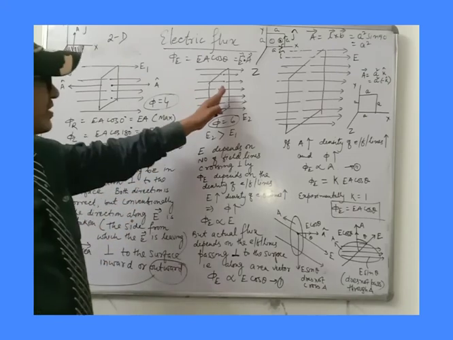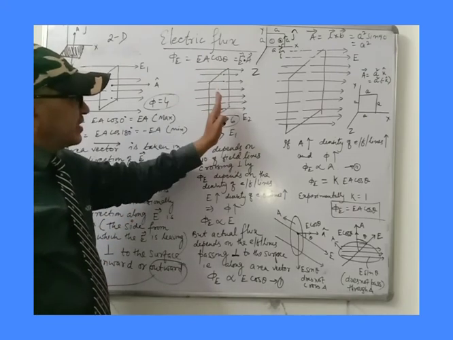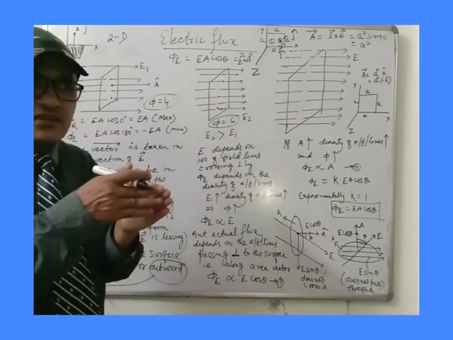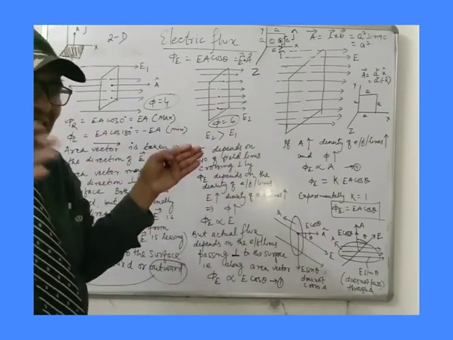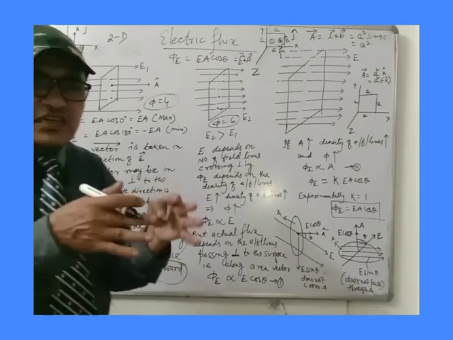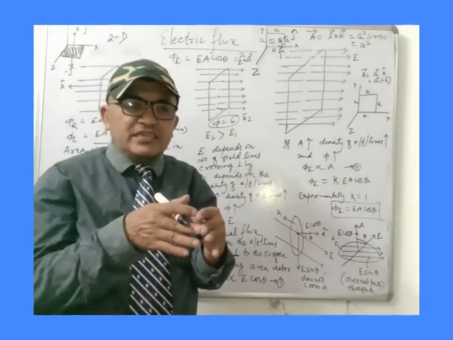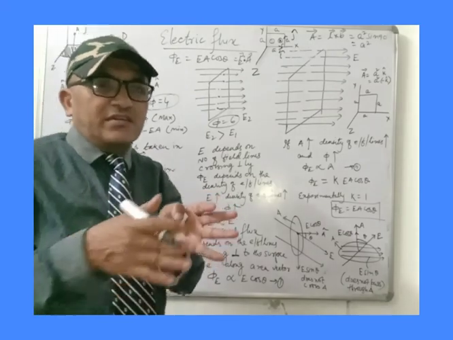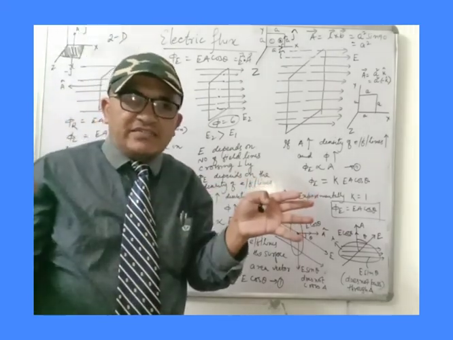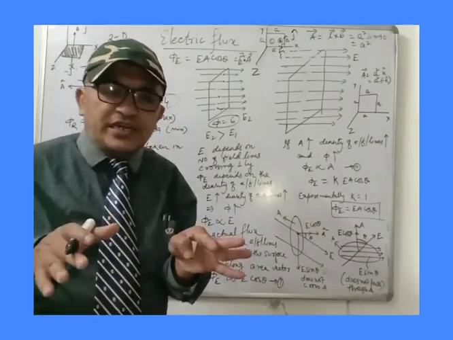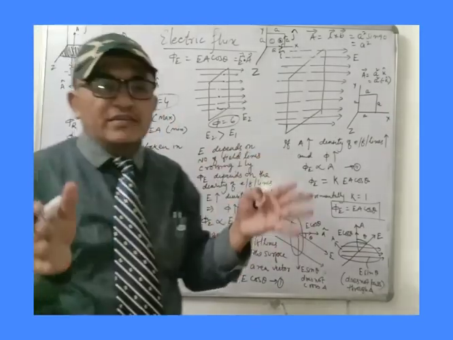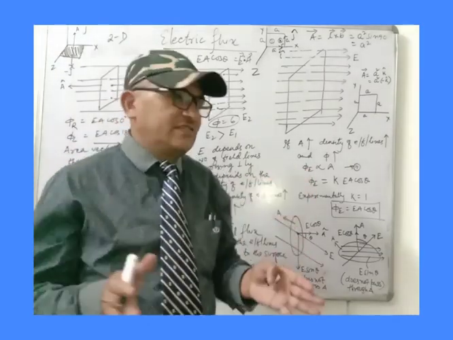Okay. Now look here. The same plane we have taken, and the electric field lines are denser. We know the closer the electric field lines are, the stronger the electric field will be there. Wherever there are fewer electric field lines, not so crowded, the electric field strength is weak.